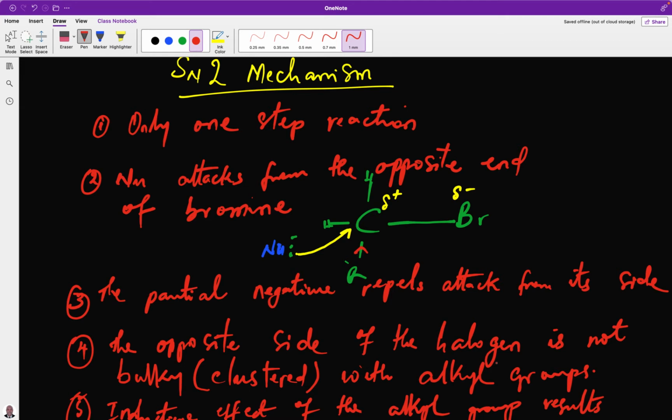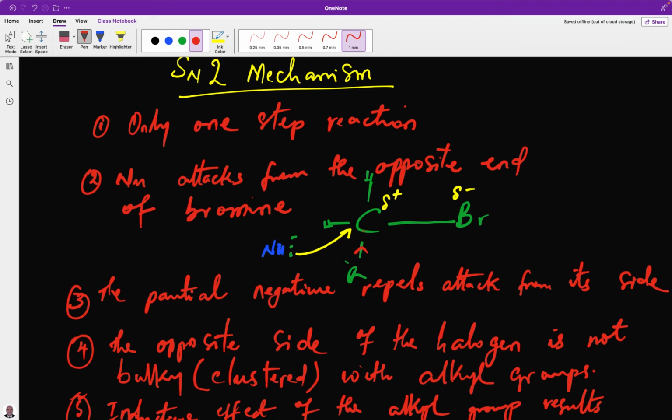Because bond formation with the nucleophile and the heterolytic bond breaking with the halogen take place at the same time. Then number two, I said the nucleophile will attack in the Sn2 mechanism, but from behind, or from the opposite side of the halogen.